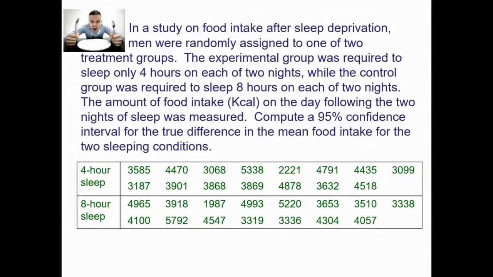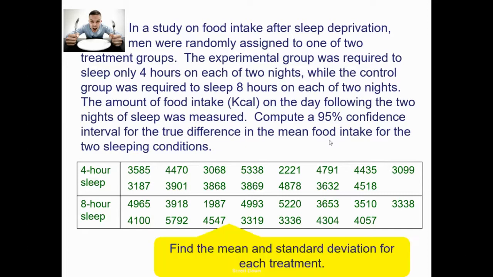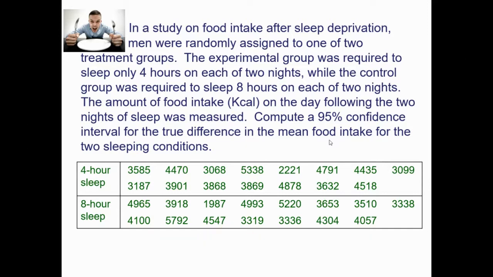Okay, anyways. That's what this study looks at: whether sleep impacts how many calories you eat in a day. First they ask us to calculate the mean and standard deviation. Just to save time, I'm going to give those to you. The average for those that get 4 hours of sleep is 3,939.24.